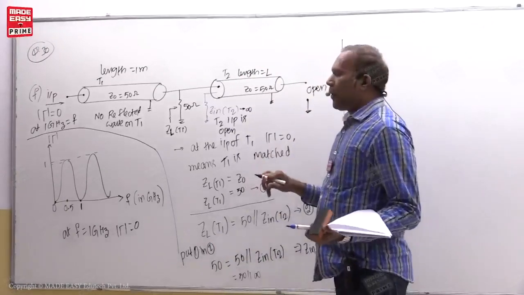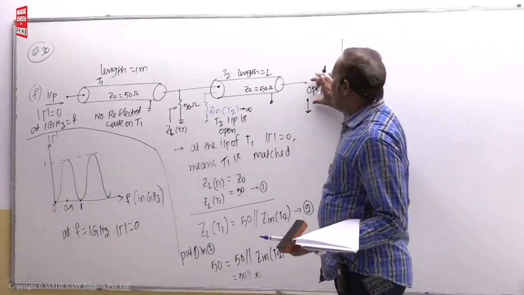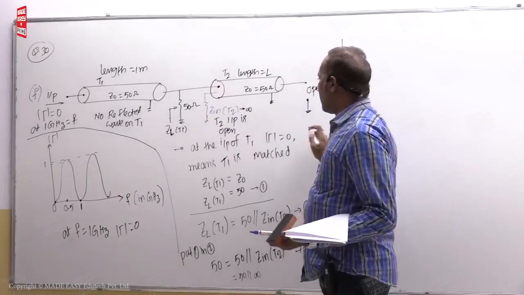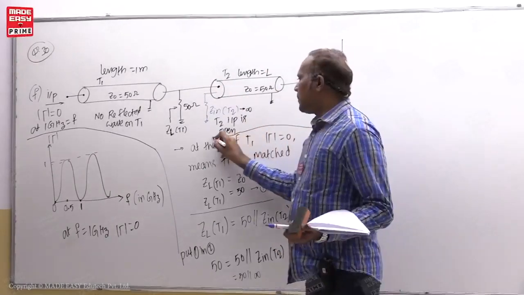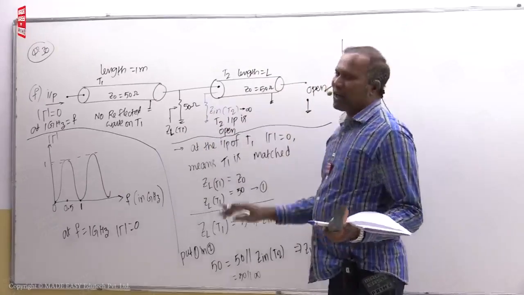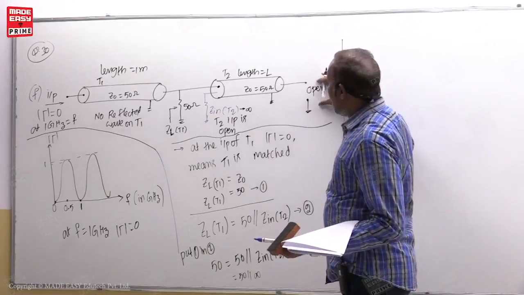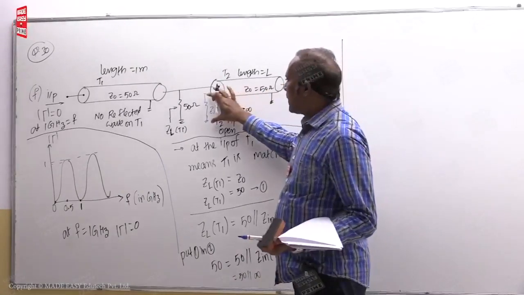That means for which transmission line, if there is an open circuit at output, then the same open circuit comes at input also? That is for lambda by 2 transmission line. So for this, at load open is there. Here also open is required.